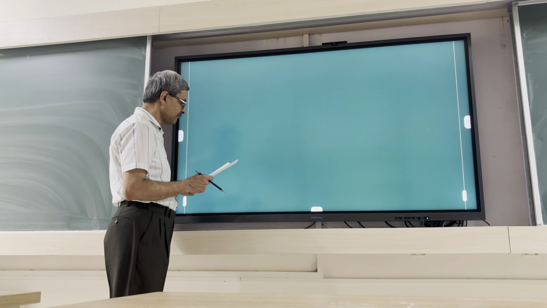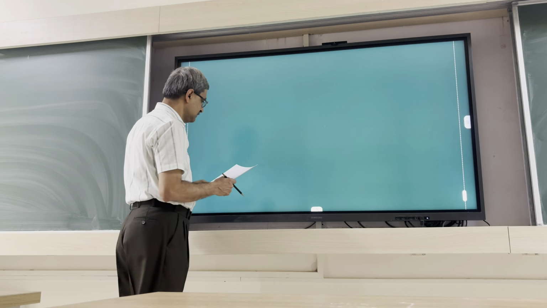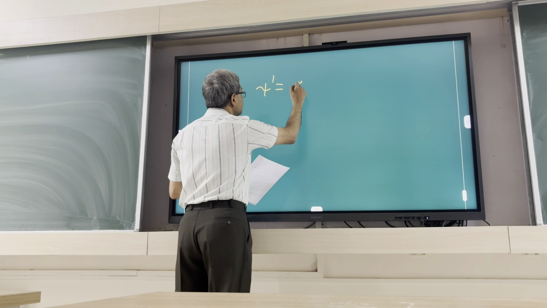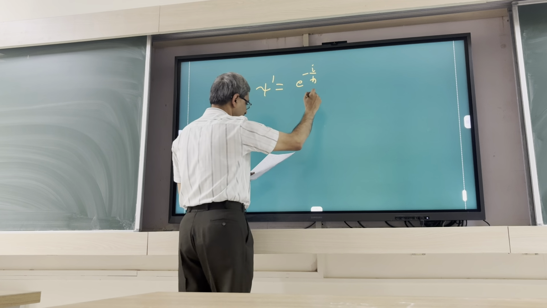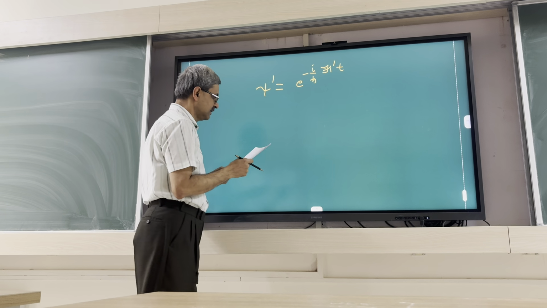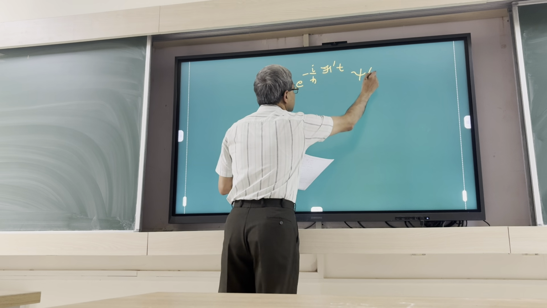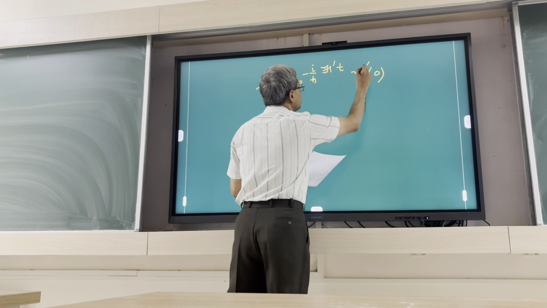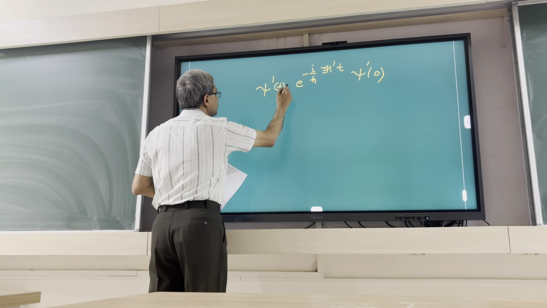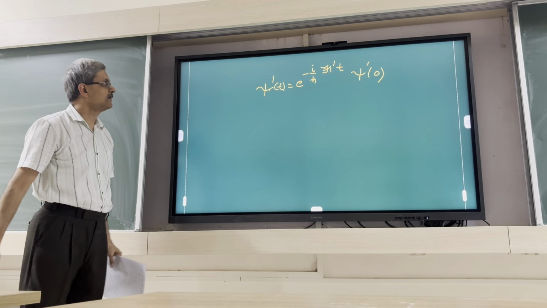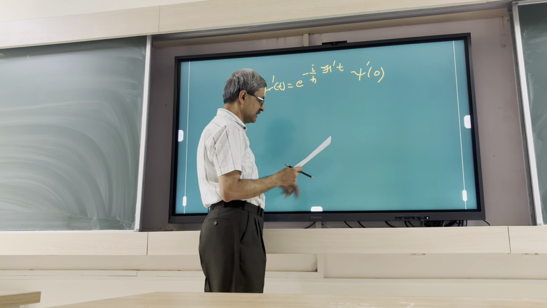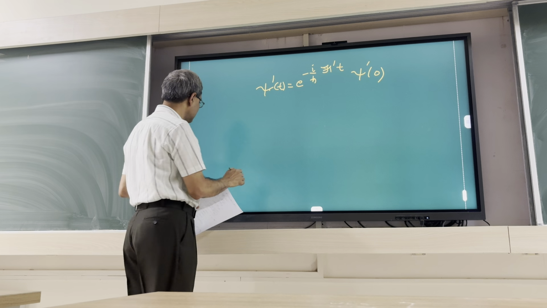So from this, of course, psi prime, the usual picture is e to the minus I by h bar h prime t. That's the time evolution of the wave function. Then further you can write psi prime in terms of psi. Okay, we have defined that earlier.